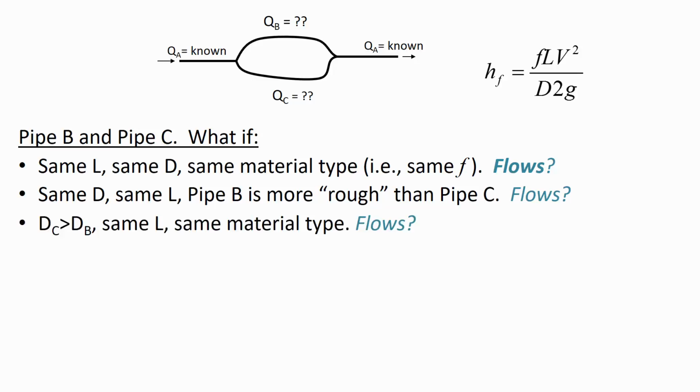Let's take a stab at another one of these, though. What about if the diameter in pipe C is bigger? Now, more flow is going to go through which? C. How come? Because we've got more area for flow. Very good.